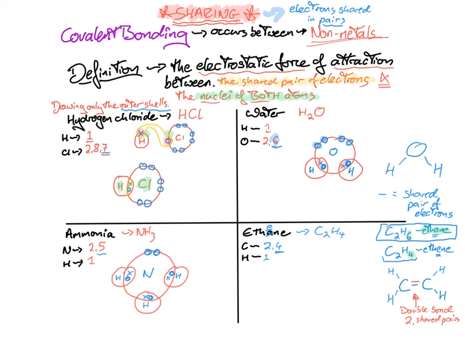So let's just draw that and see what it looks like as a dot and cross diagram. Okay, so it's just popped up where all of the circles are, so let's put in the pairs of electrons. Between carbon and hydrogen, we have a shared pair. Between carbon and hydrogen, we have a shared pair. Between the carbon on the right and the hydrogens on the right, we have a shared pair.